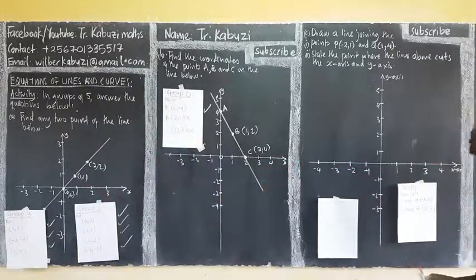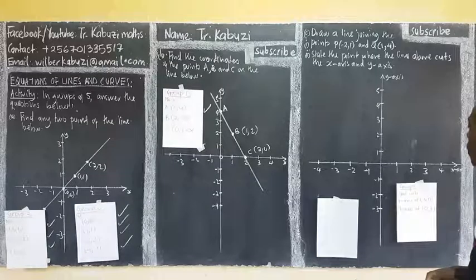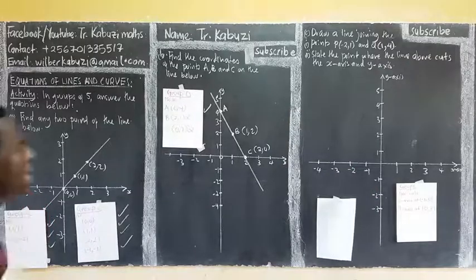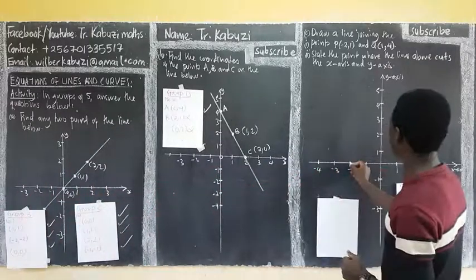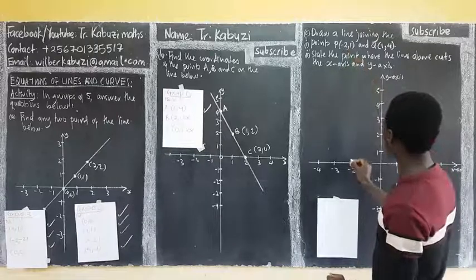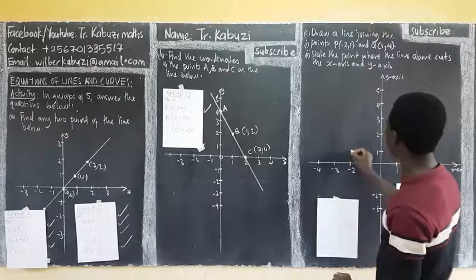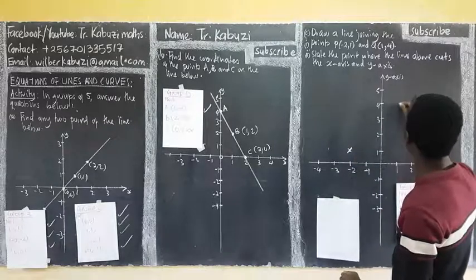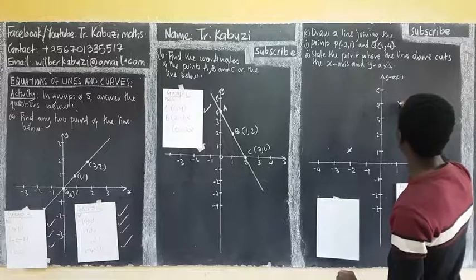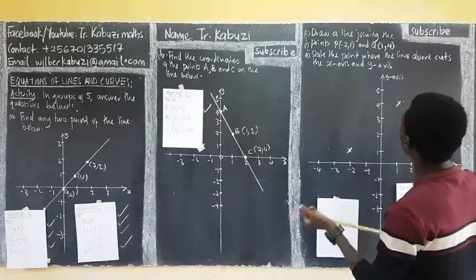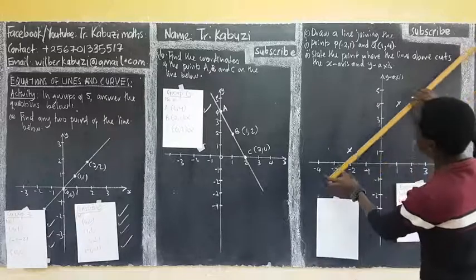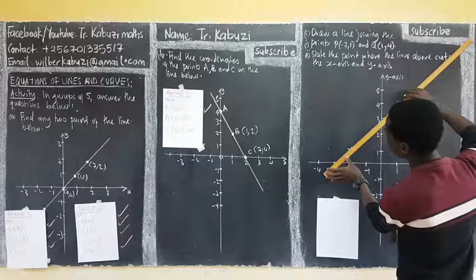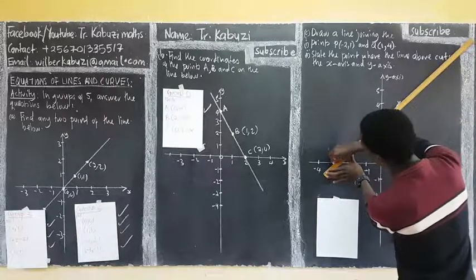Then here, from the line joining the points. Let me first put them, based on my layers. So you have negative 2, 1. Negative 2, 1 is there. Then we have 1, 4. 1, 4 is there. So those are the points we have. Of course, draw a line joining these two. So that's the line joining those two.